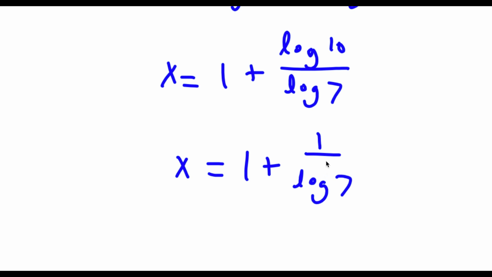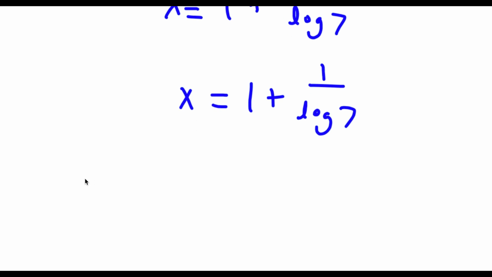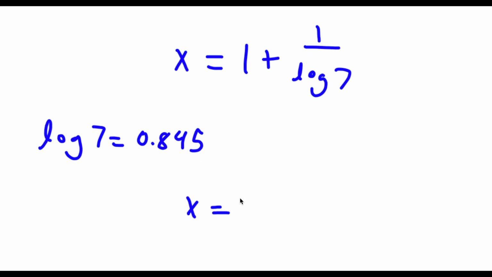Now what we're going to do is find the value of log 7. So log 7 is equal to 0.845. So now I have x is equal to 1 plus 1 over 0.845.